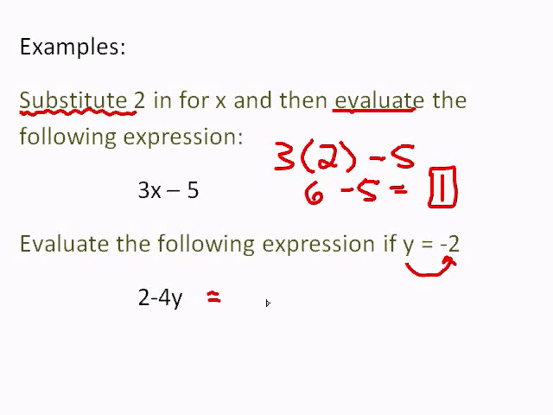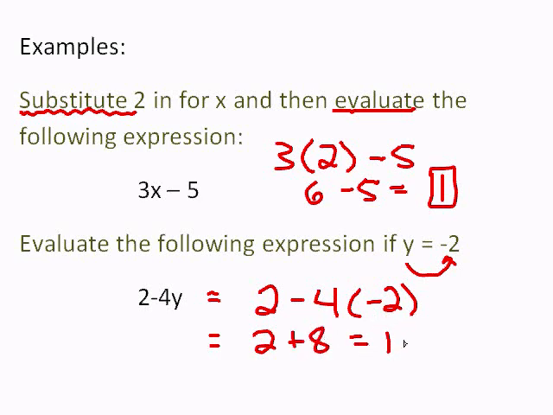So 2 minus 4y will be equal to 2 minus 4 times negative 2. Then we're going to evaluate the expression, giving us 2 minus 4 times negative 2 gives us plus 8, which is 10.